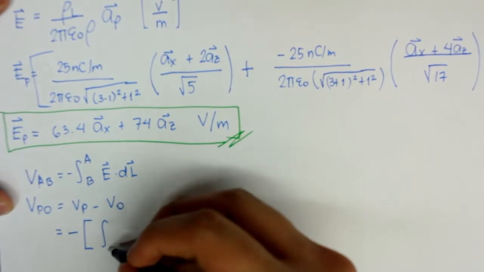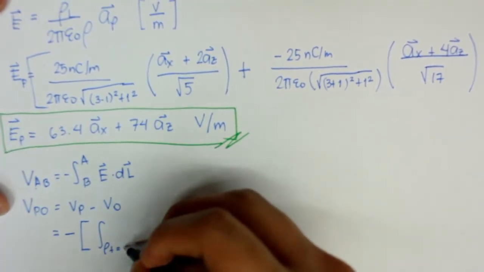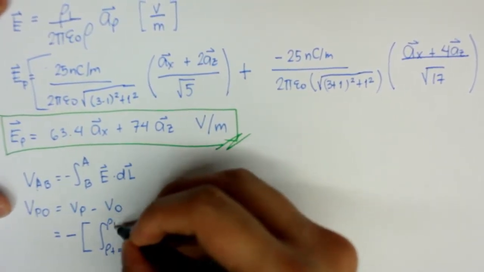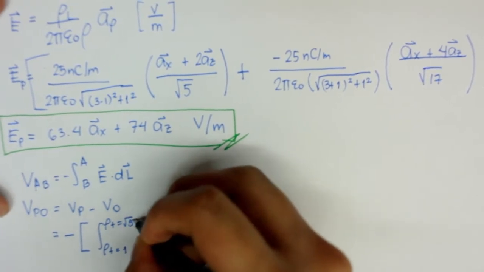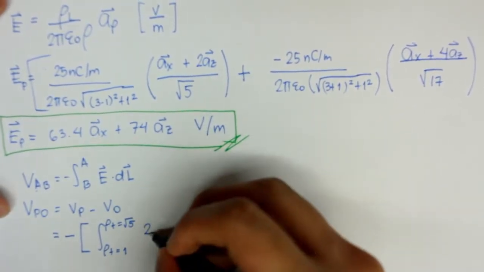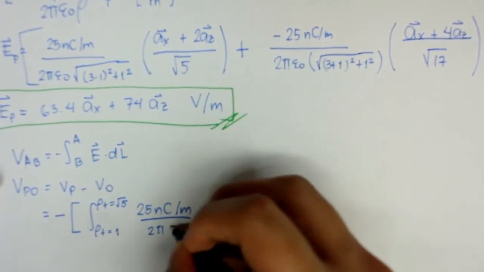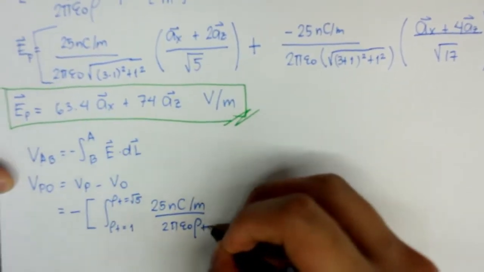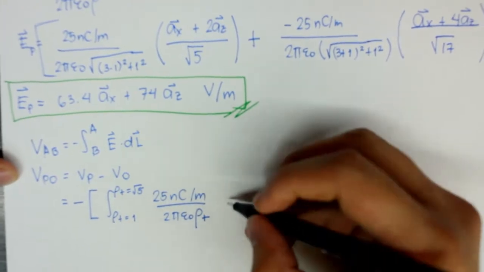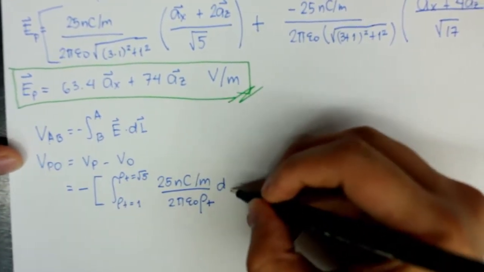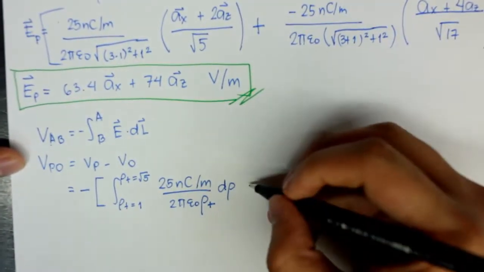The line integral for rho plus goes from 1 up to square root of 5. So, 25 nanocoulomb per meter over 2 pi epsilon naught rho plus. That's a variable, and our line differential is d rho.